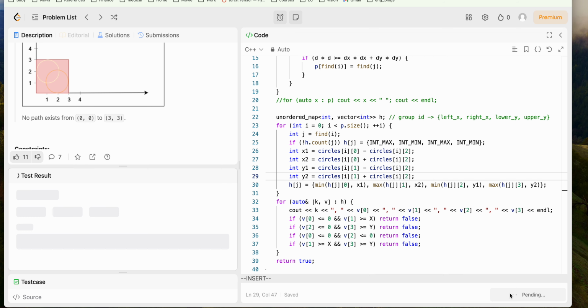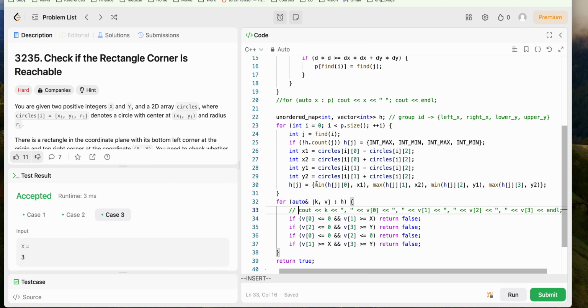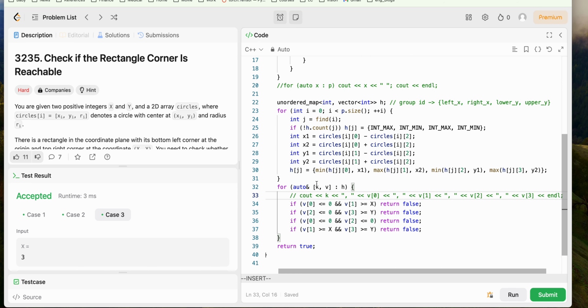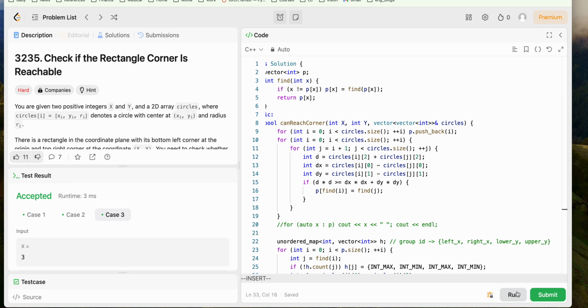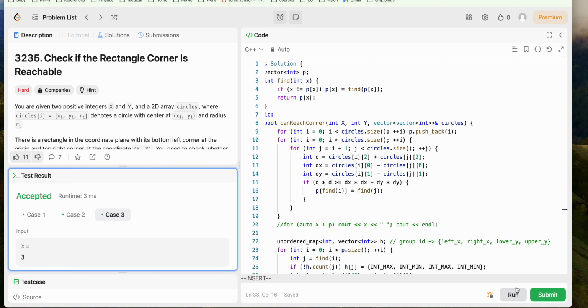Let's see if this is correct. Okay, this is accepted. Let's comment out all the outputs. Let's submit.